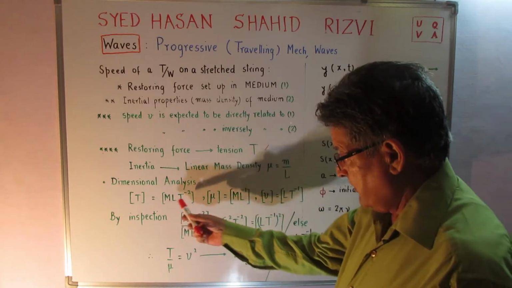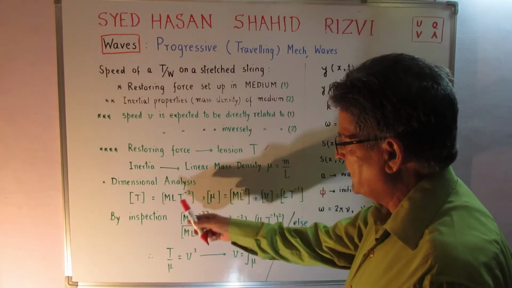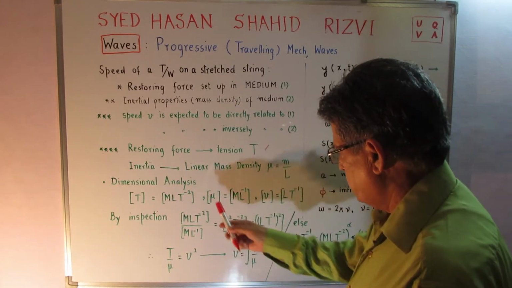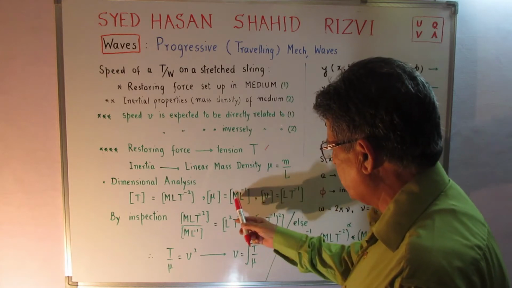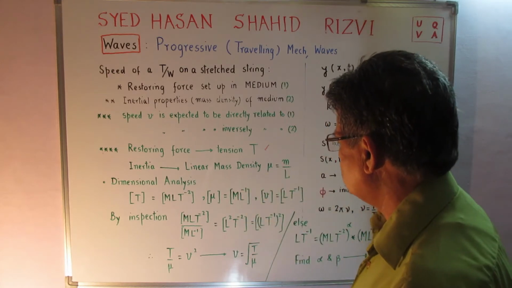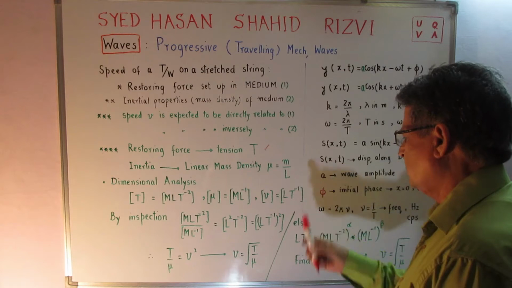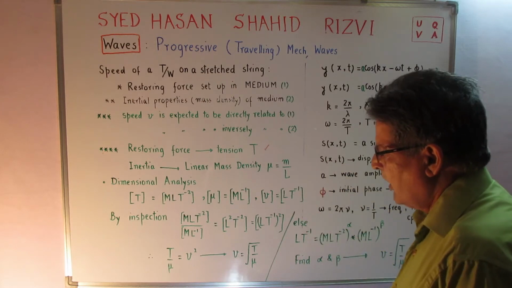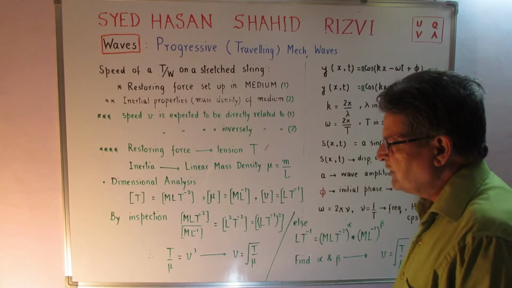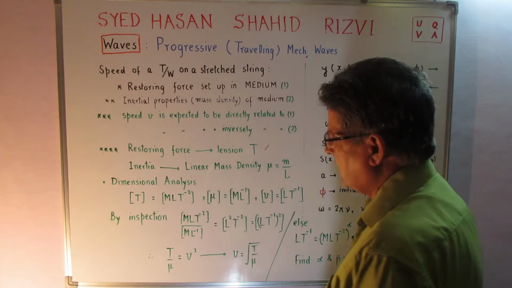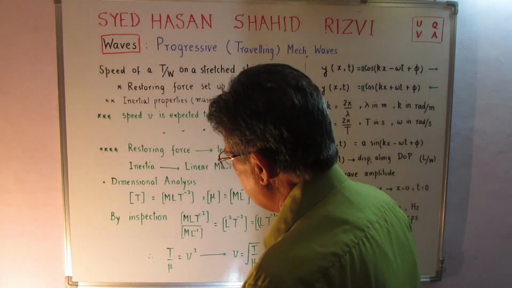Now tension, which has the dimensions of force, MLT^-2; mu, which is the mass per unit length, is ML^-1; and the velocity is LT^-1.